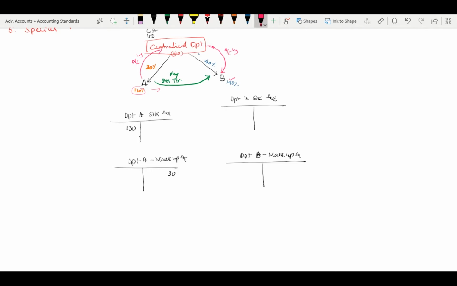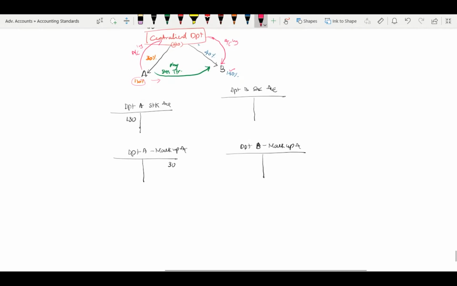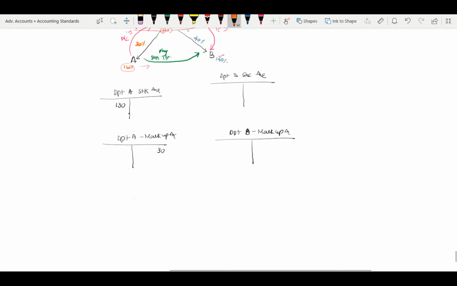Now look out how the entry has to be done. Imagine A is transferring goods to B. That means in A, I have to reverse stock. Therefore, the departmental stock account should be credited. In department A, I have to credit 130.